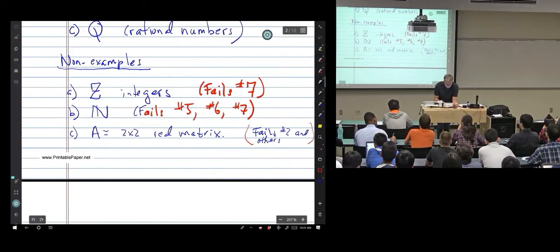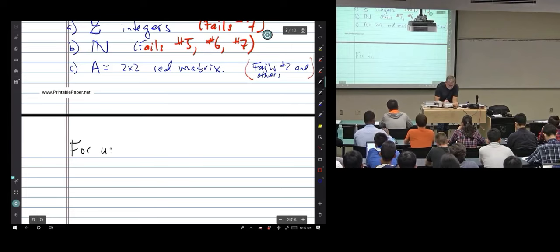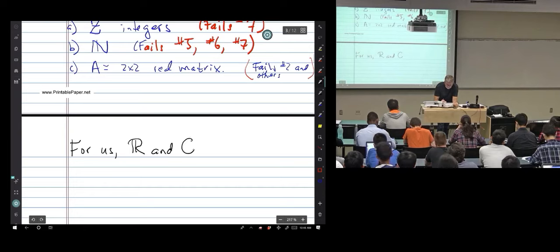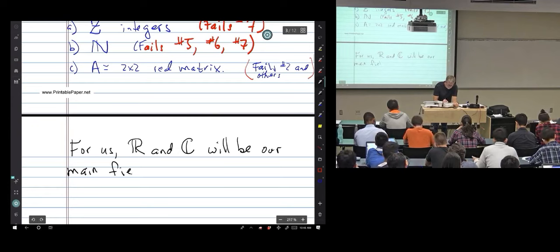Okay, so for us, R and C, the real numbers and the complex numbers, will be our main fields.